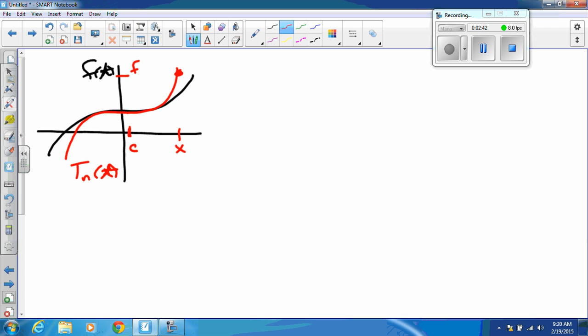The true value of f of x is sitting right here, and the estimated value, Tn of x, is sitting right here, and the actual remainder that we're talking about is this difference right here. Rn is equal to f minus T. Just like that.